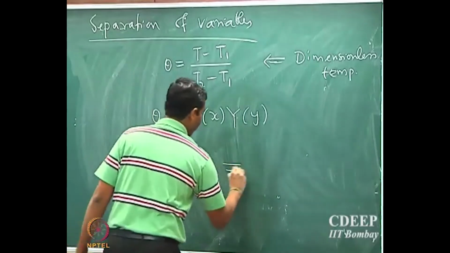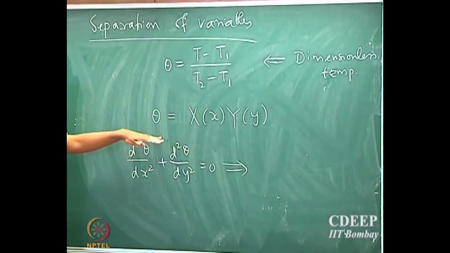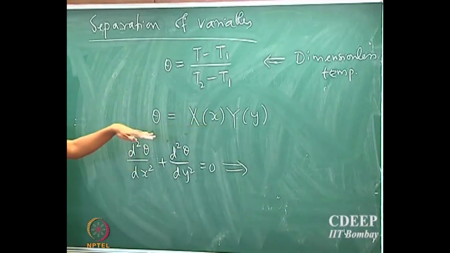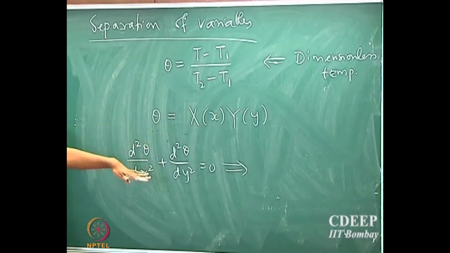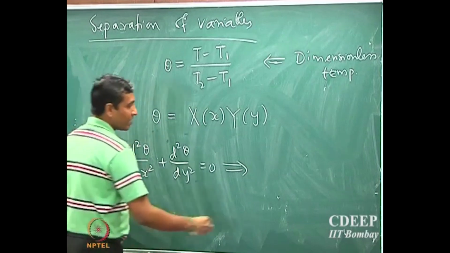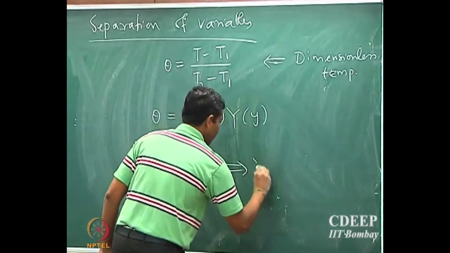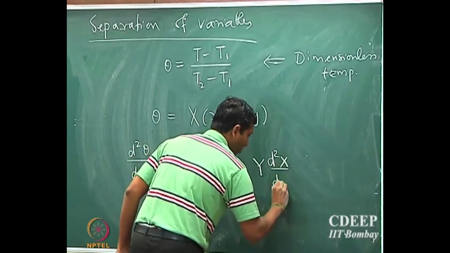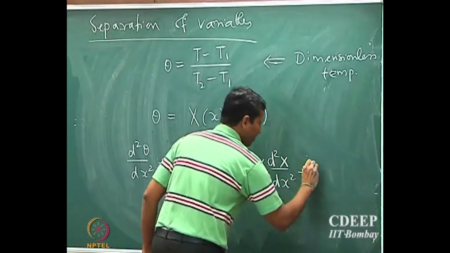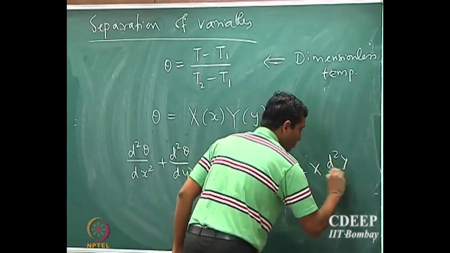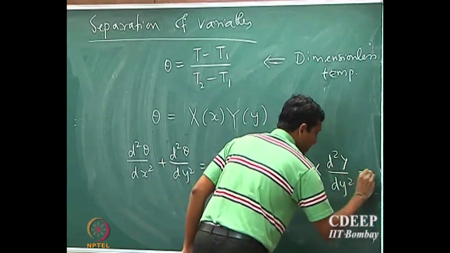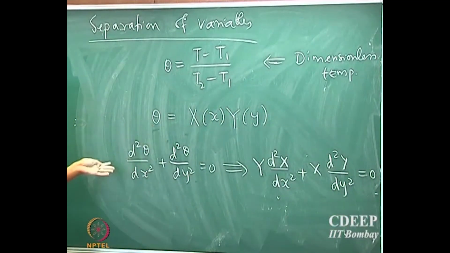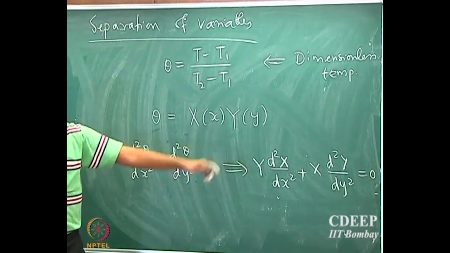Representing the solution as a product of two independent functions is what is called separation of variables. So I can write this as Y into d square X by dx square plus X into d square Y by dy square equal to 0. All I have done is substitute theta and evaluate the derivatives.